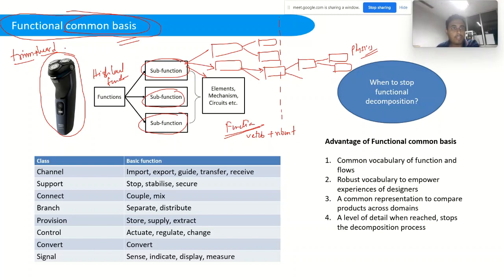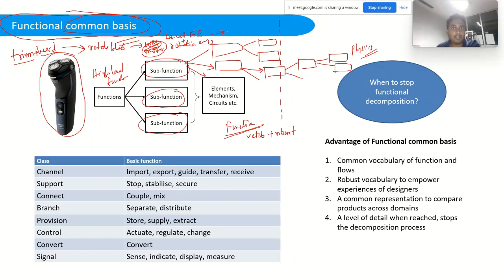Then we move to the next level, where we write rotate blade. Then we move forward: how do we rotate the blade? We use a motor. That's not the right way to write it, you need to write convert electrical energy into rotational energy.